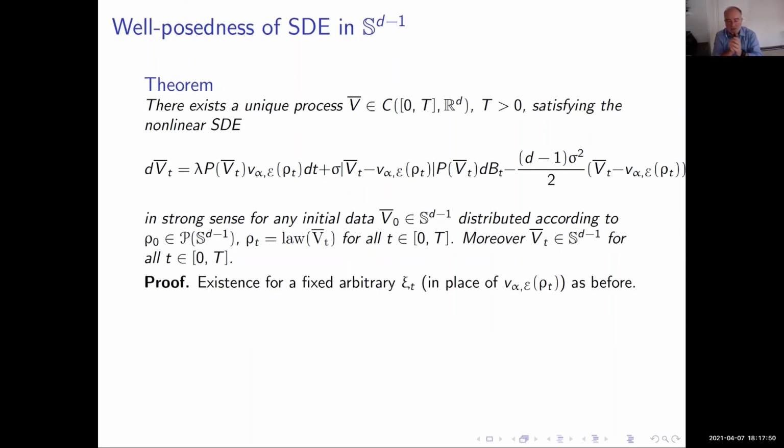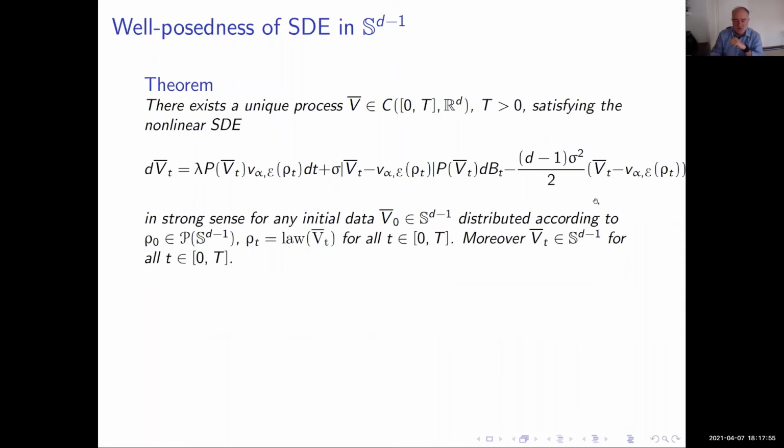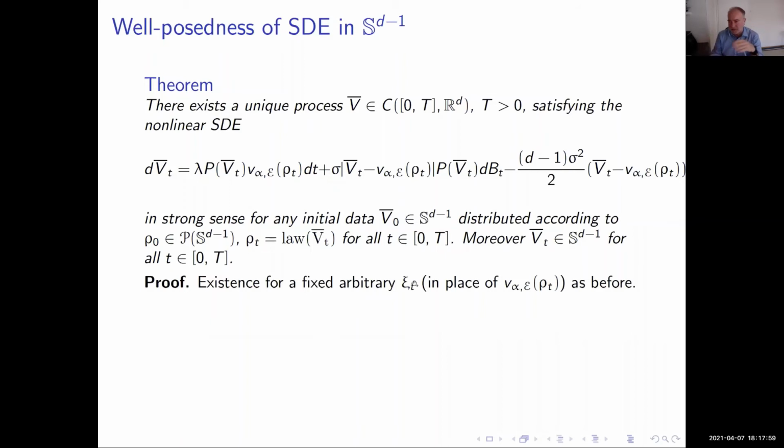The way you do it is by linearizing the problem. So first of all, you substitute the barycenter with an arbitrary field, and then by classical Cauchy-Lipschitz theory, you can prove that this has a solution.